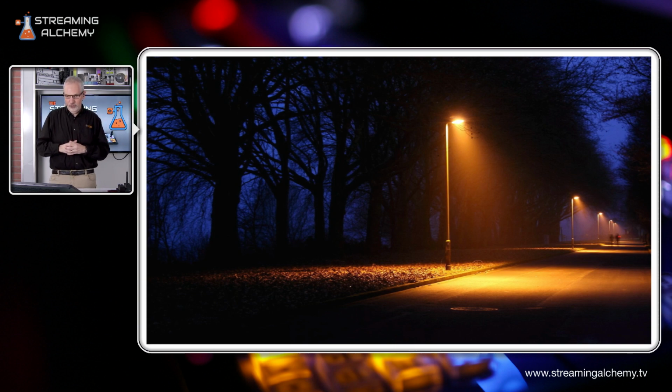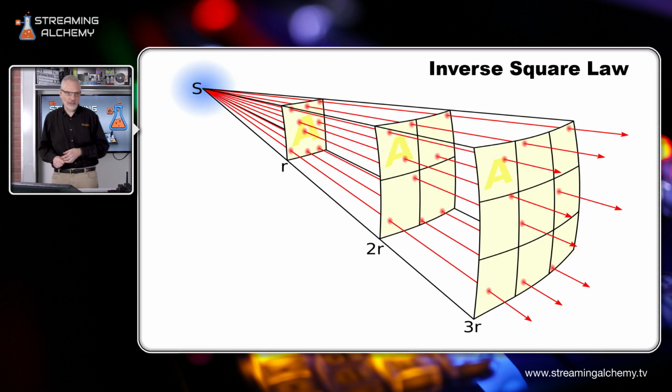So this property of light is called falloff. And it actually follows something called the inverse square law. Without too much math, what the inverse square law basically says is that if I have a light source at a certain brightness, every time I double my distance from that light source, I only get a quarter of the light.